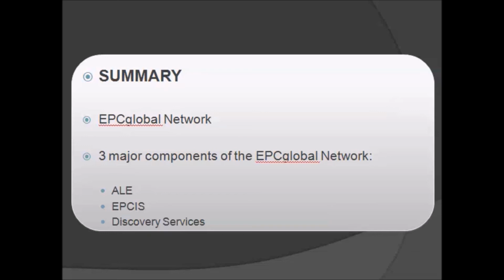The EPC international certification also focuses on application level event, how to filter, how to create a report; focuses on the EPCIS, how to exchange the information, how to deal with the request; and also focuses on the discovery services, how a customer or the partner of the supply chain collects all the data from the whole supply chain.